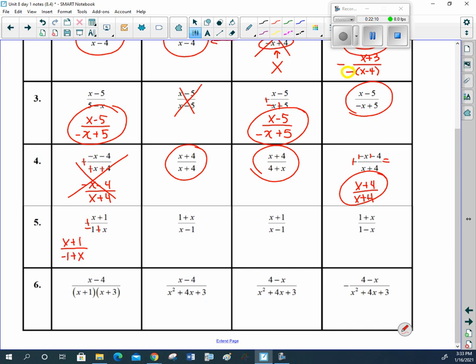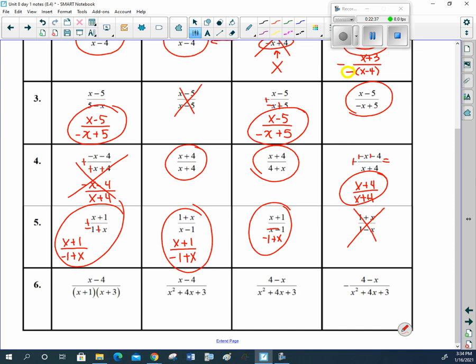Okay. I feel like that's the exact same thing as this one right here. I could rewrite this to say x plus 1 over negative 1 plus x. So these two are the same. And same thing with this one. I don't know why I'm writing the negative 1 first. X plus 1, we could write that as negative 1 plus x, rewrite it. And so that's the same. So then this one's the odd man out. That one's different.